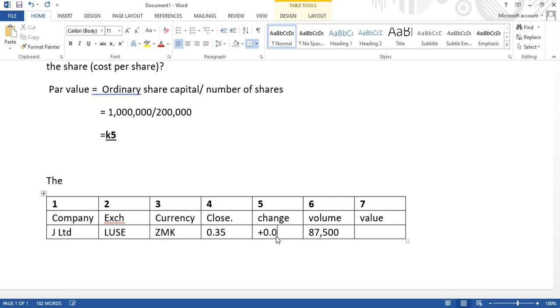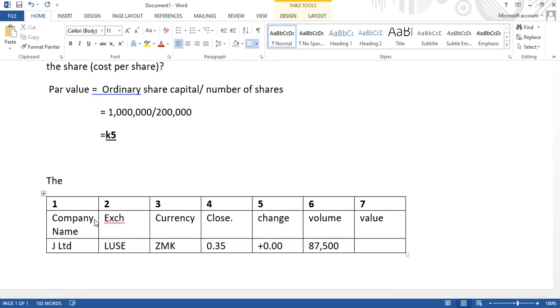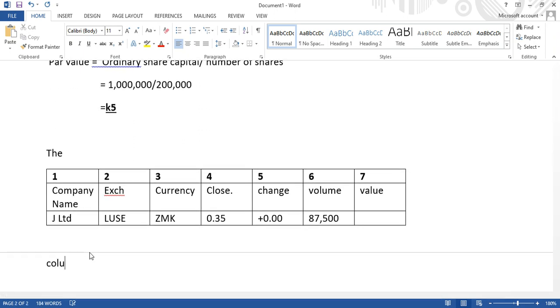Right now, here in Zambia on the Lusaka Stock Exchange, I'm going to explain each of these columns and what they mean. So, column one is just the company's name. I've added a fictitious company, J Limited, but under this column is where you find the name of the company.